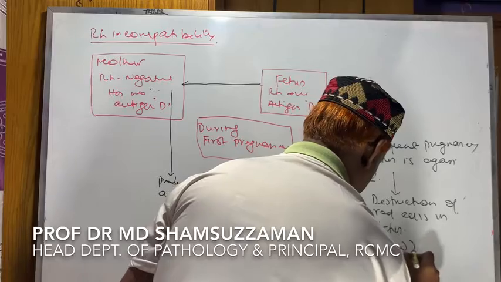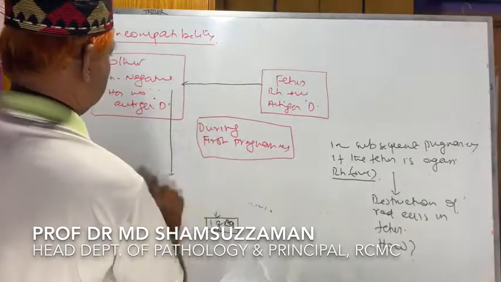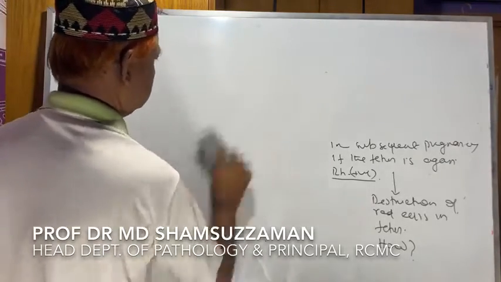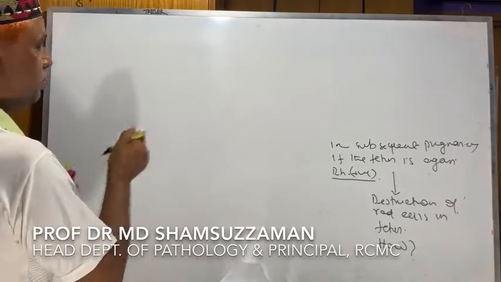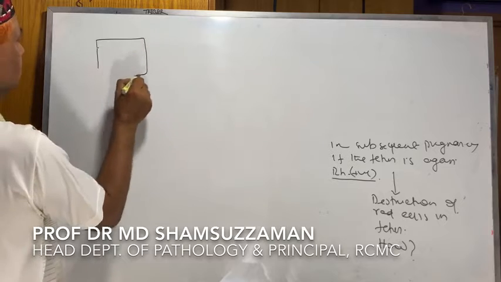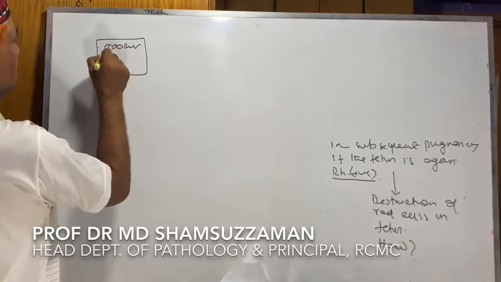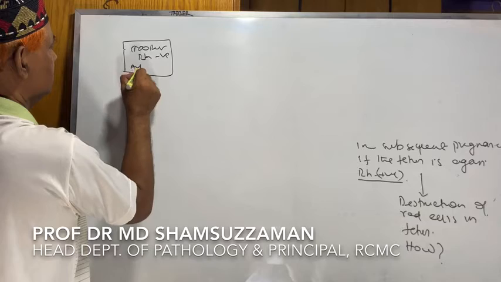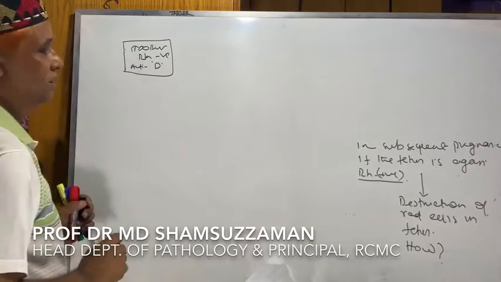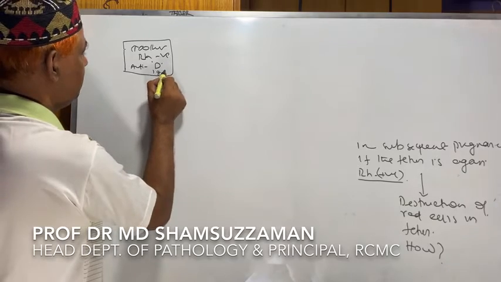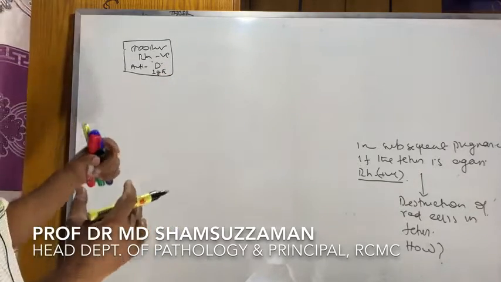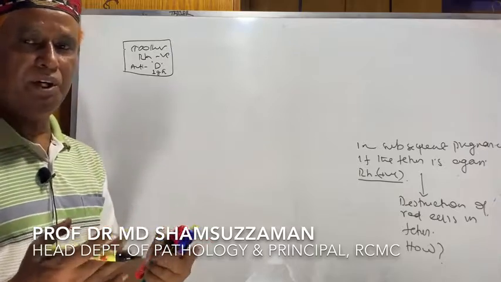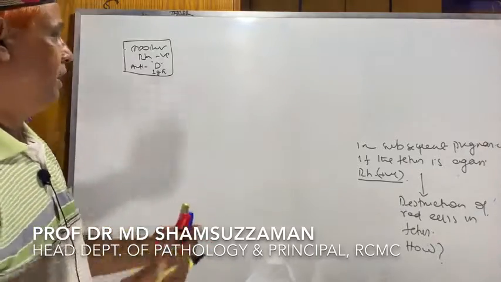How? In a subsequent pregnancy, the mother is again Rh negative, but the mother has got anti-D antibody, and it is IgG in nature.